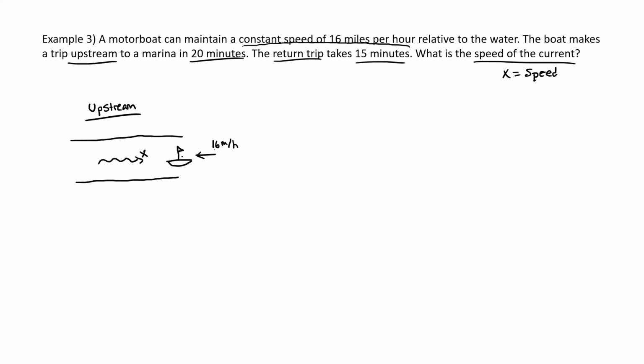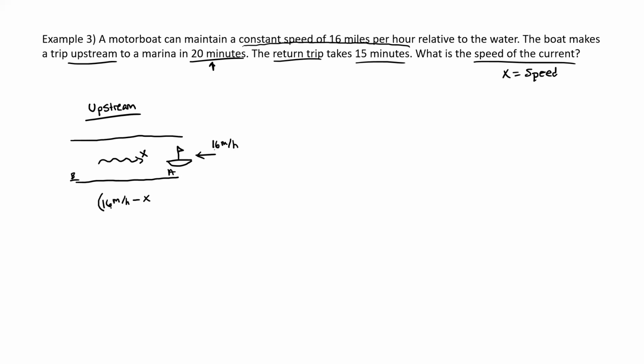So these two speeds are going in opposite directions to each other, so you have to take the difference between the two to relate them to each other. That looks like 16 miles per hour, subtracting the x coming from the opposite direction. And you also have to take into account that it takes 20 minutes for this whole situation to happen, where you're going from point A to point B being the marina.